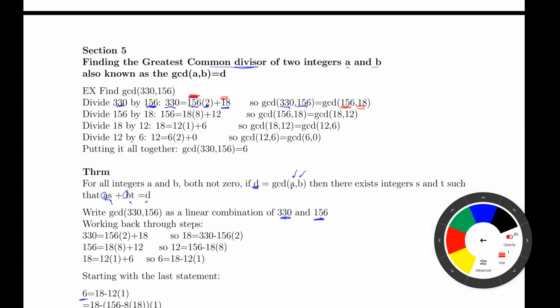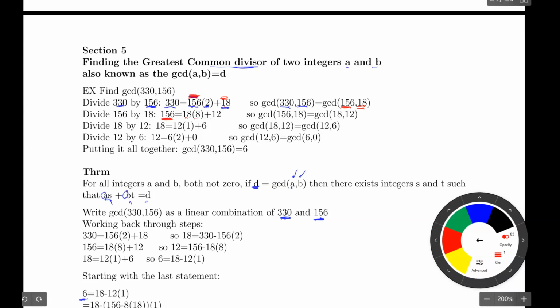Then I'm going to go again. I move 156 over here, and I think, 18 times how many? There are 8 18s inside of 156, and I have a remainder of 12. A little calculator work is going to be necessary. So the greatest common divisor between 156 and 18 is the same as the greatest common divisor between 18 and 12.